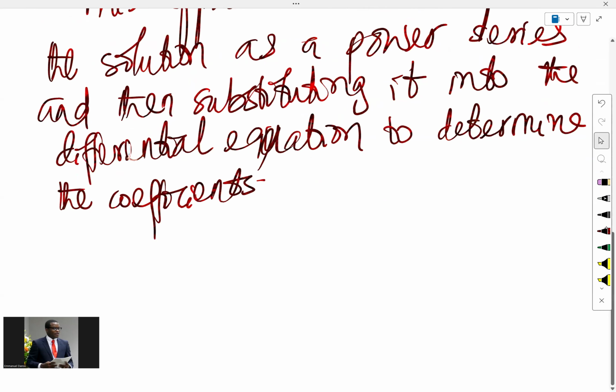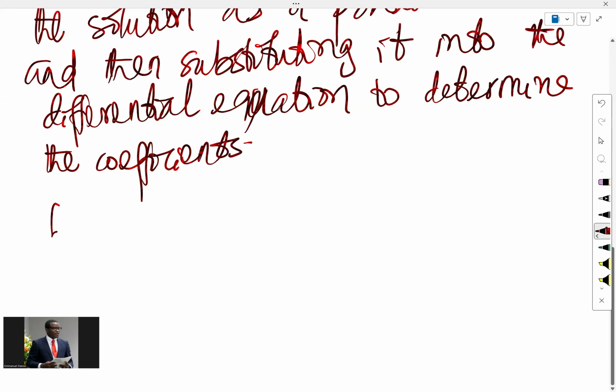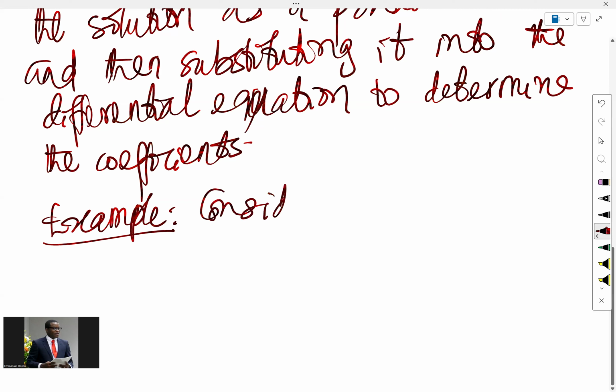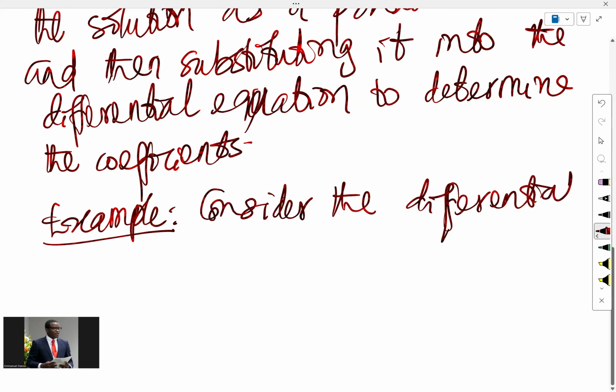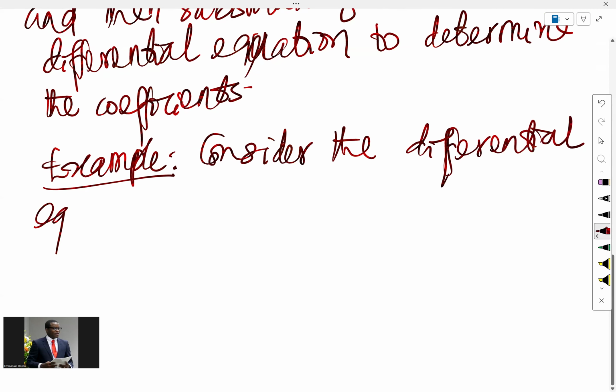Okay. So a very good example would be: consider the differential equation y'' + y = 0. This is a second order differential equation.